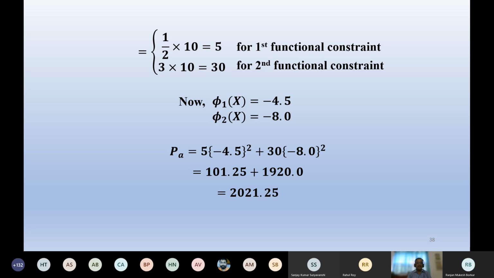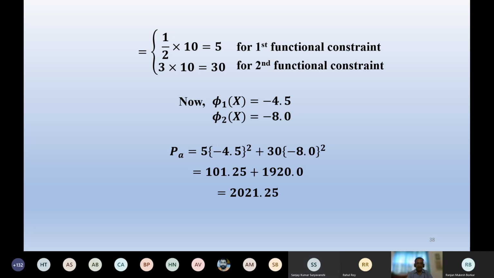Individually, beta 1 and beta 2 should be greater than 1, like 1.5, 2.0, 3.0, not less than 1. If you use a value less than 1, the very purpose of using beta 1 and beta 2 will not be served. It has to be more than 1.